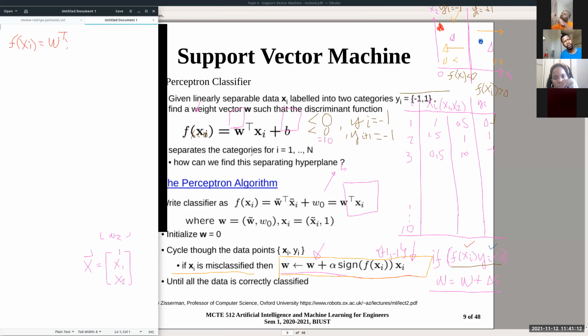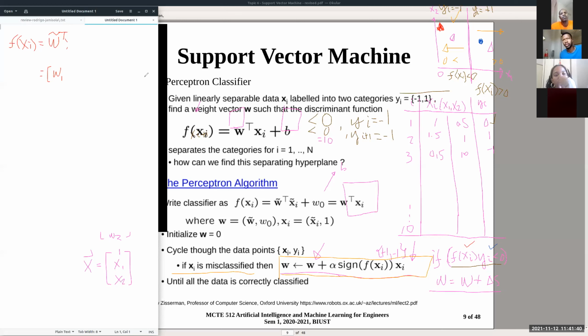In this case there are two dimensions only, so w tilde is w1, w2 multiplied by x1, x2 plus b.